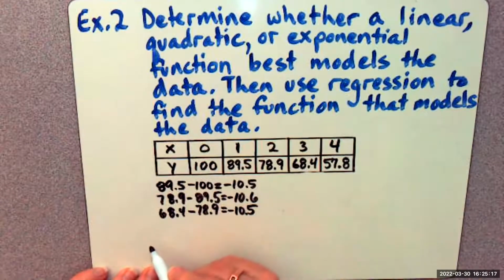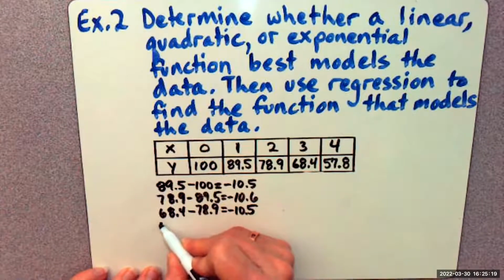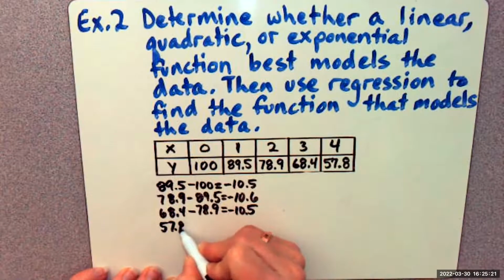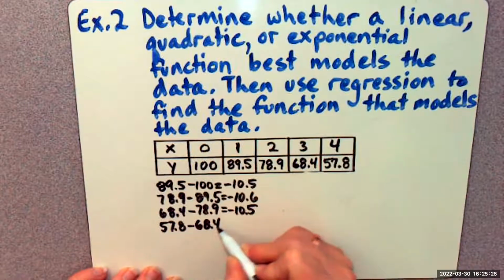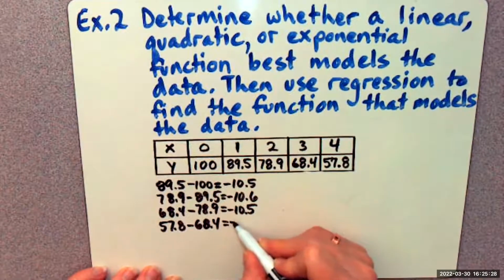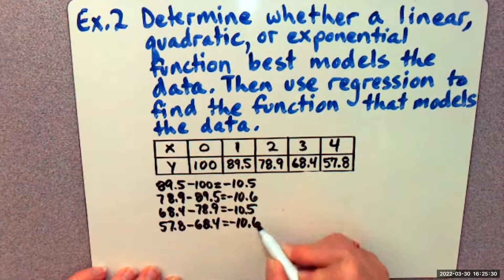And then we take 57.8 and subtract 68.4 from it, and we have -10.6.